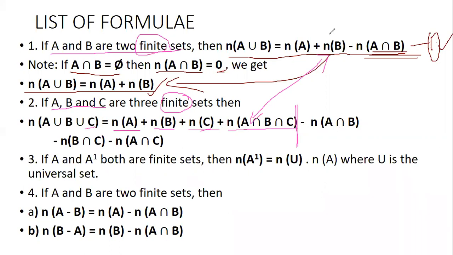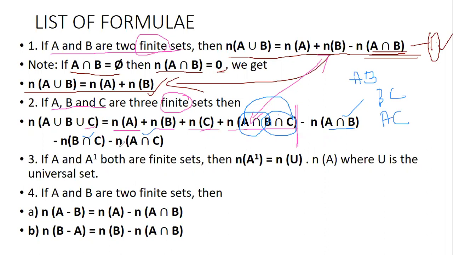What is that addition? n of A intersection B. First we consider these two, A and B, so A intersection B. Then n of B intersection C. Then we come back to A and C, so n of A intersection C.